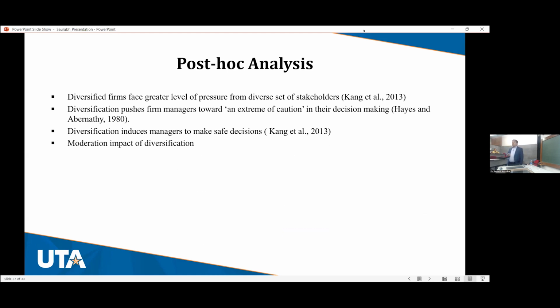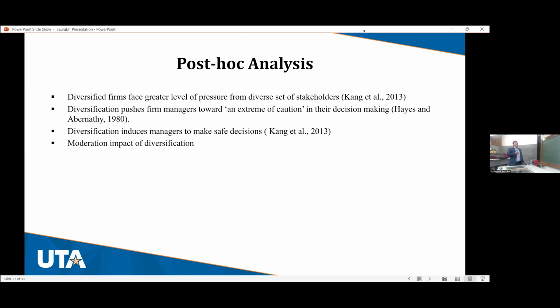Diversification may matter more because if companies are working in diversified markets, then there is a greater number of stakeholders, right? And if there are a greater number of stakeholders, there may be more moving parts within the supply chain. And so it is very likely that you don't have a very strongly integrated supply chain, like you would have if it was a single product or a single market, right?